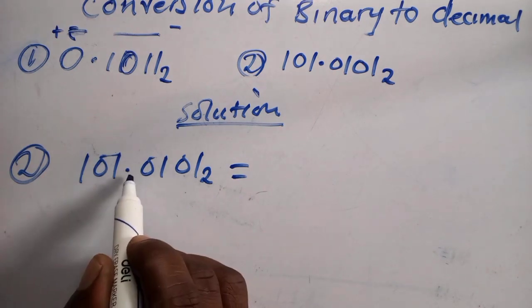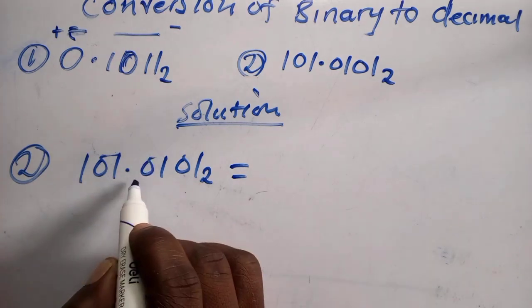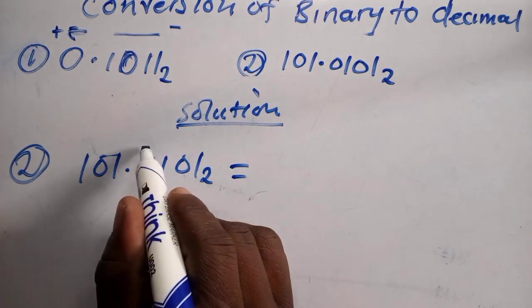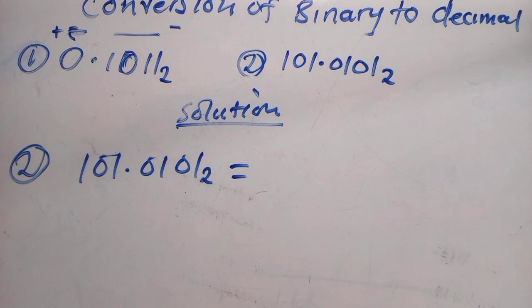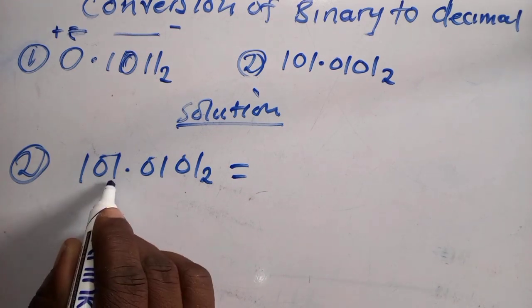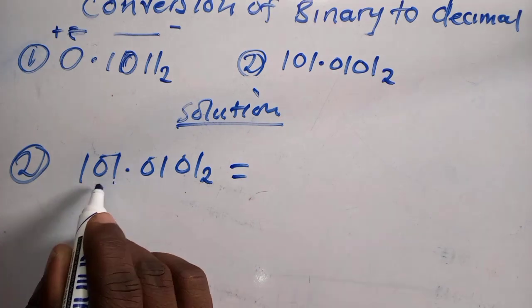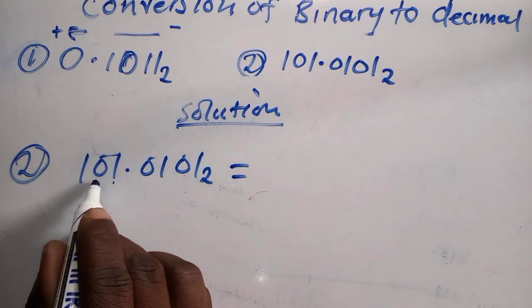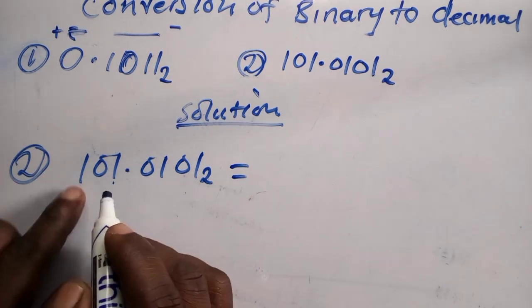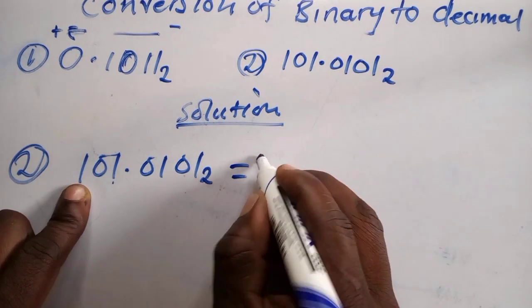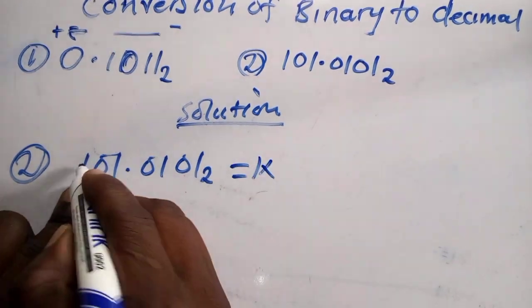But for the numbers after the decimal, the powers will be negative. But here we start from here, so this one will be power 0, power 1, power 2. So we are starting from this number here.